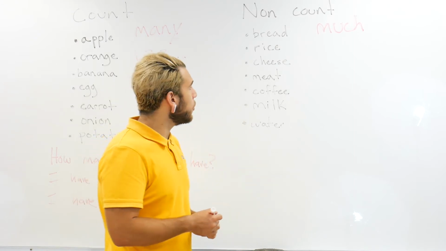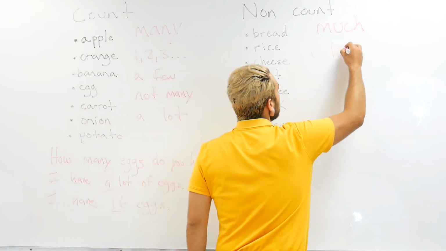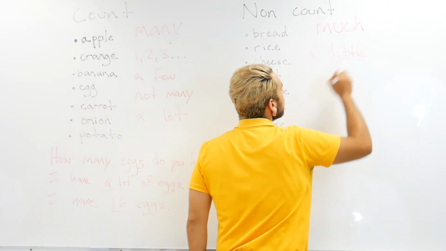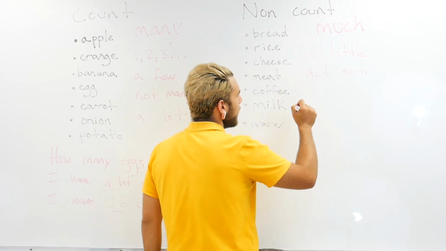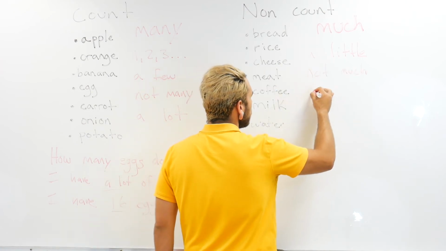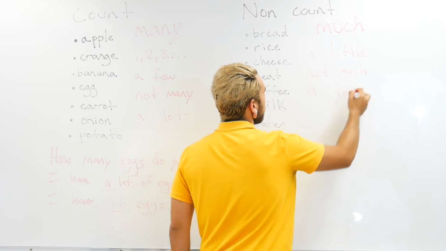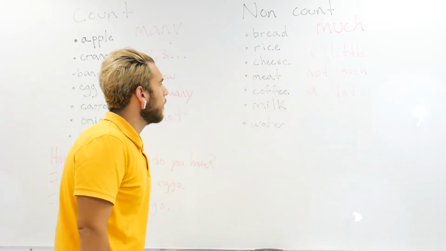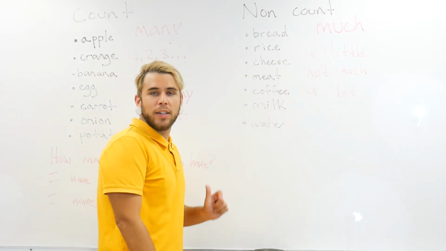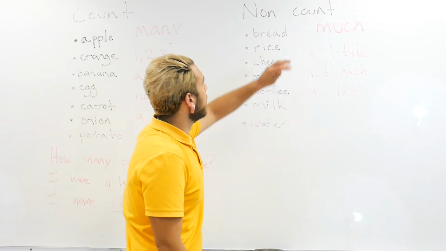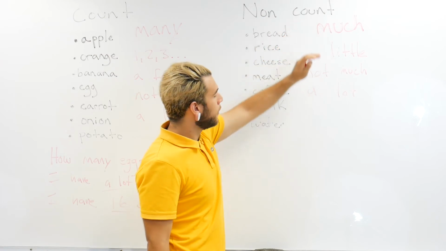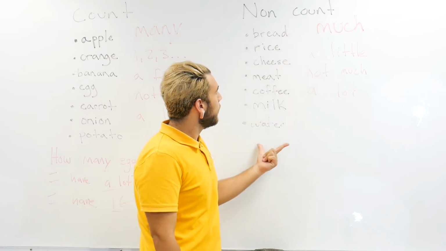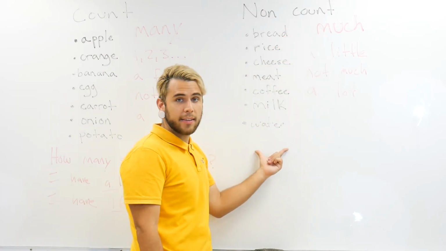So you use words like a little, and also words like not much, or also a lot. For non-count items, you do not use numbers. That's why we call them non-count, no count, no number, to describe or to ask things like this.